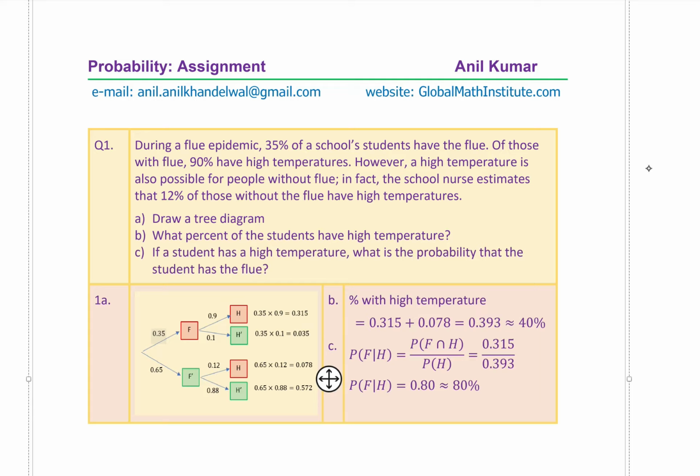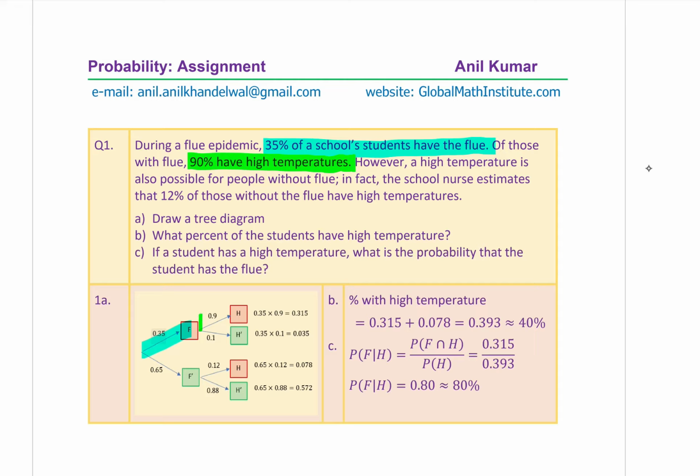So these are the two things. Now from here clearly we are given that 35% of students have flu. So if that happens, in that case, 65% will not be having flu, correct? Now out of these, we are also given that 90% have high temperature. So when you multiply them, we get the probability or the percent affected by flu which have high temperature, correct?